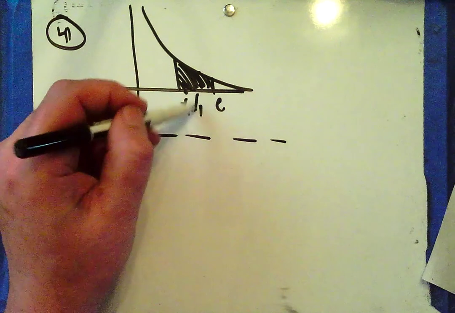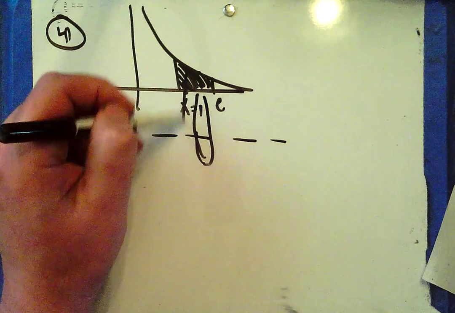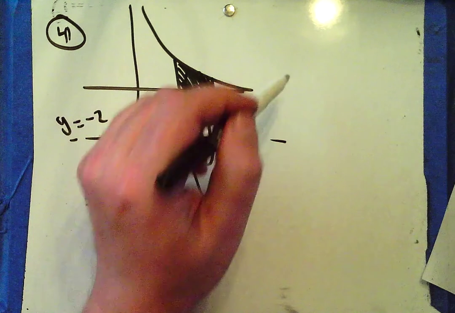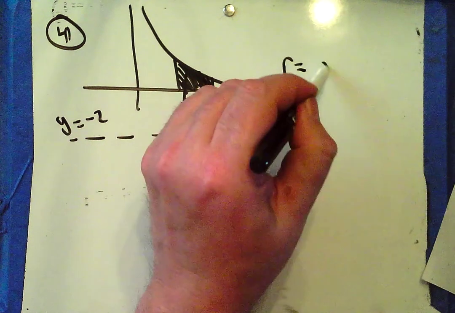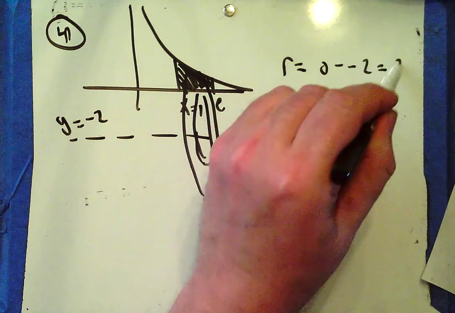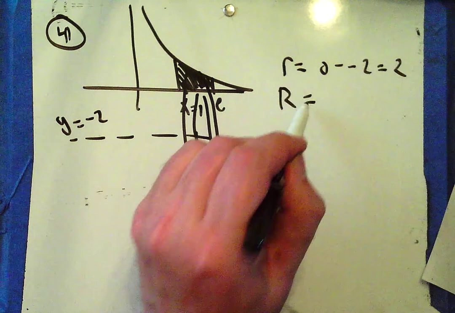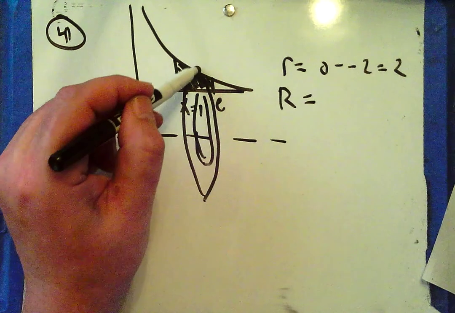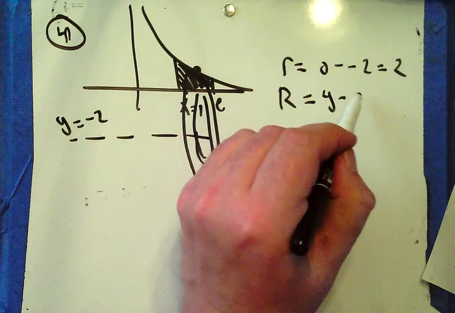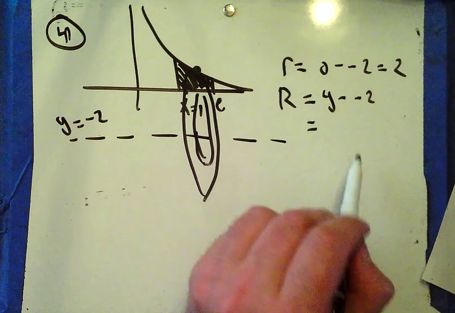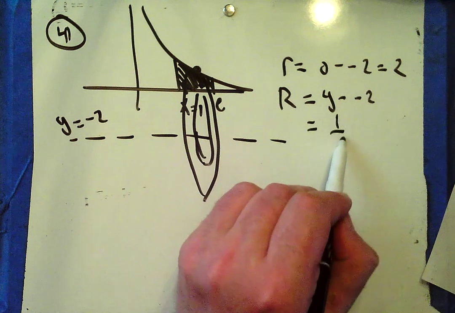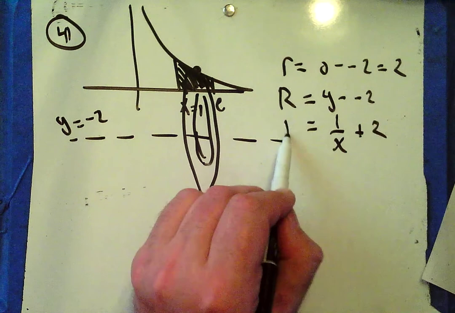Okay, so they used washers here. They said that little r was 0 minus a negative 2. They said that big R was this y value minus a negative 2, which is 1 over x plus 2.